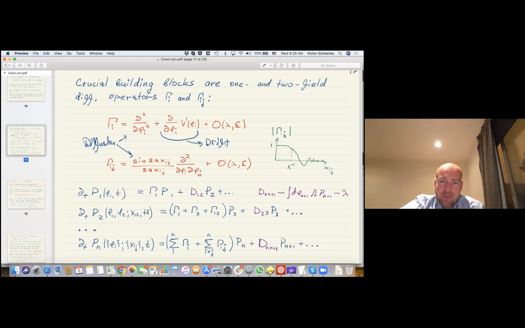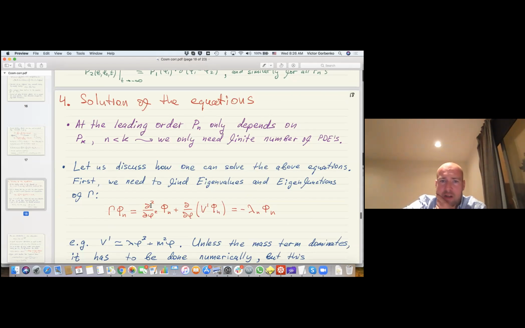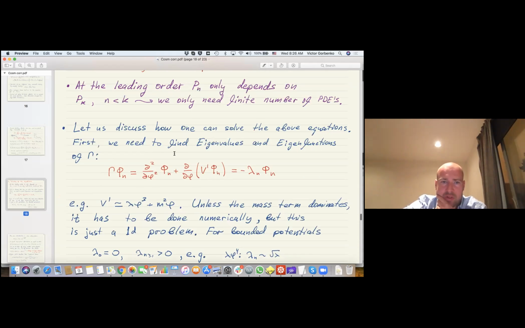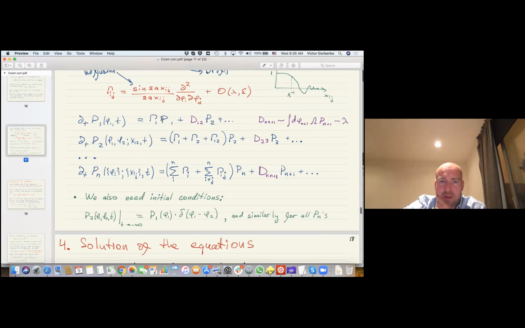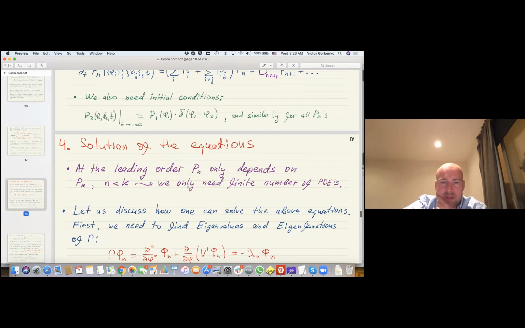Then next, where did infrared divergences go? So this is a set of linear partial differential equations. Now, it turns out that if we focus on this leading part that contains differential operators gamma, for example, let's just for a second focus on the equation for the 1-point distribution. Just dtP1 is equal to gamma 1 P1 in our notation.